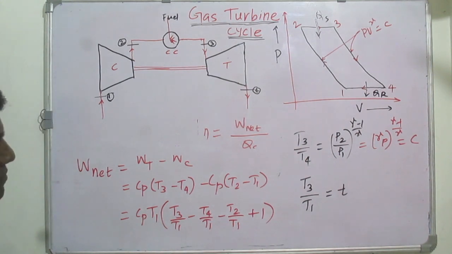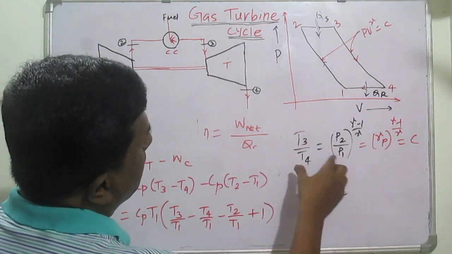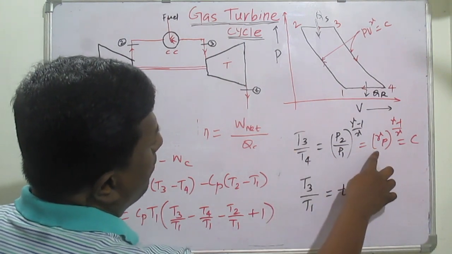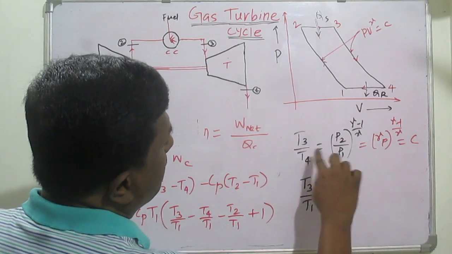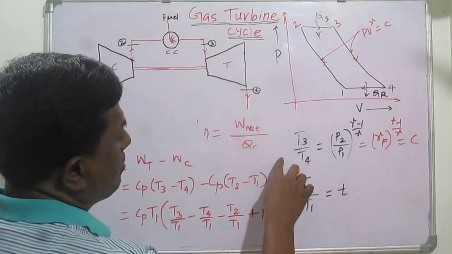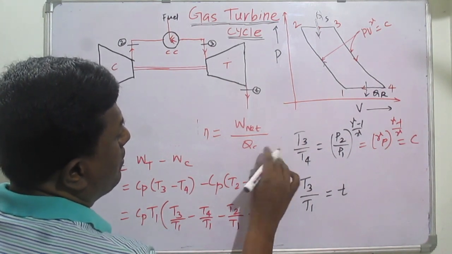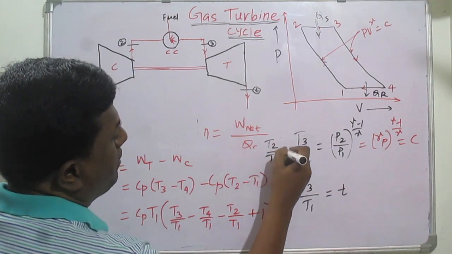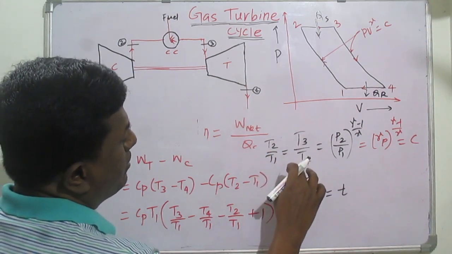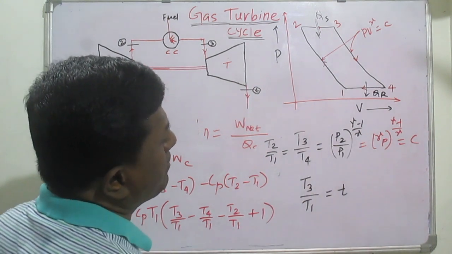We are going to use these two assumptions. T3 by T4 equals P2 by P1, which is also equal to T2 by T1, equal to T3 by T4, equal to P2 by P1 whole power gamma minus 1 by gamma.